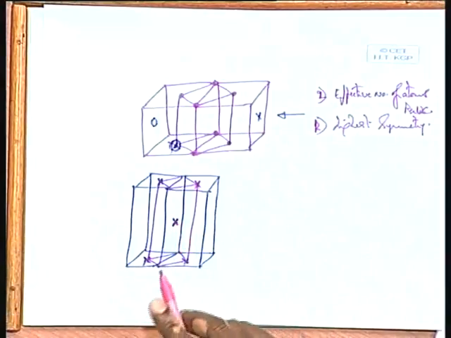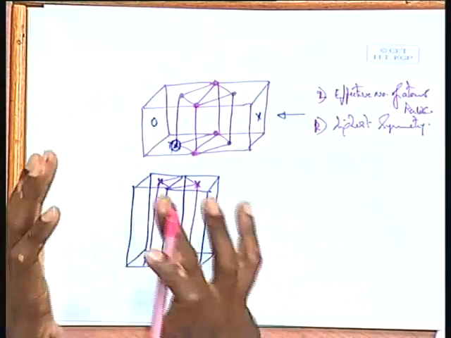That is again a tetragonal unit cell only, because again the same thing is true, that you have A equal to B, but not equal to C, and alpha equal to beta equal to gamma equal to 90 degrees, and the symmetry is again the one 4-fold symmetry. The only difference is that now you have another atom at the center of this body.